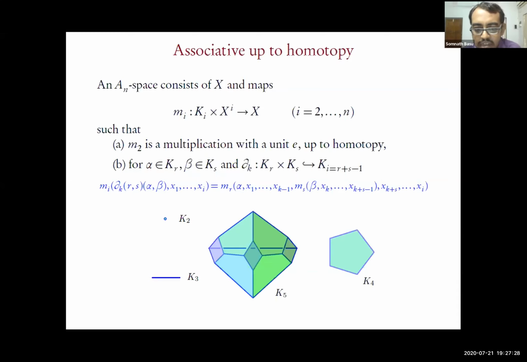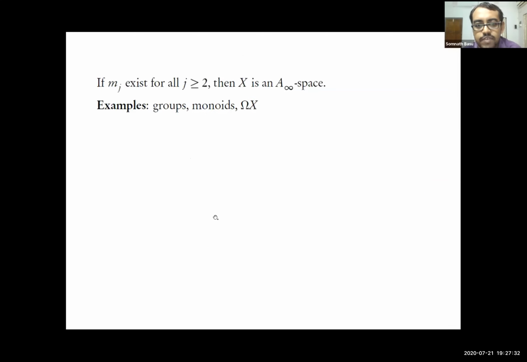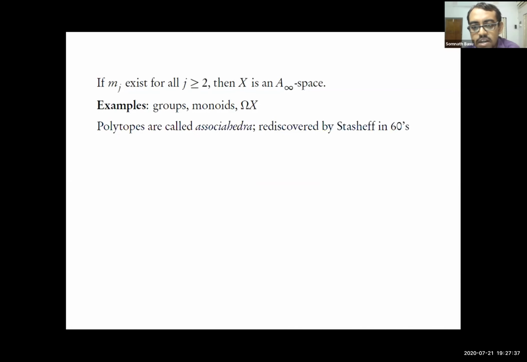It has some nice pictures, and these polytopes, by the way, are called Stasheff polytopes, or Stasheff associahedra. They were rediscovered by him in the 60s while he was working on these things. They were earlier discovered by Tamari when he was working on Tamari lattices. But to come back to our A infinity setup, what is an A infinity space?